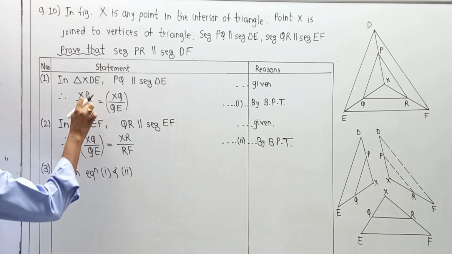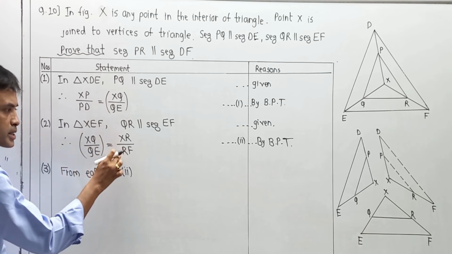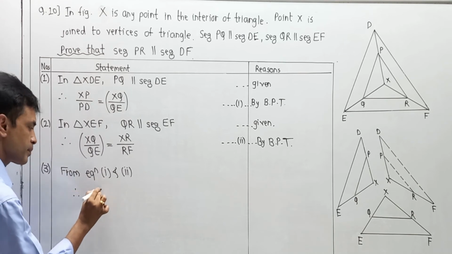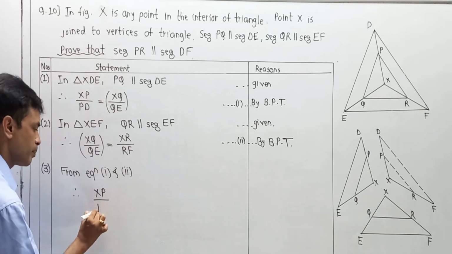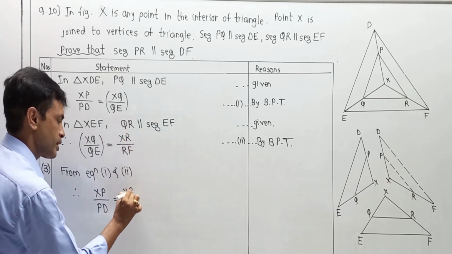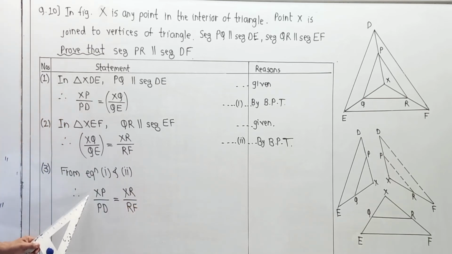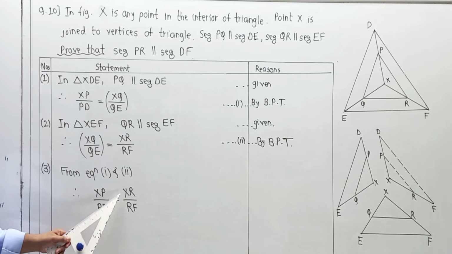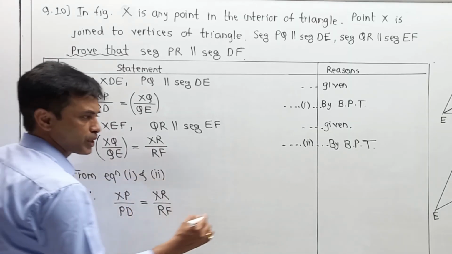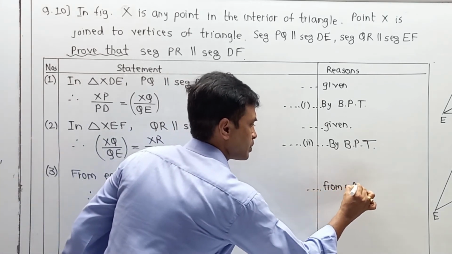Here XP upon PD is equal to XQ upon QE, and here XQ upon QE is equal to XR upon RF. Therefore, XP upon PD is equal to XR upon RF. So we are able to get XP upon PD is equal to XR upon RF from 1 and 2. Either you can write it over here, or you can also write it in the reason column: from equations 1 and 2.